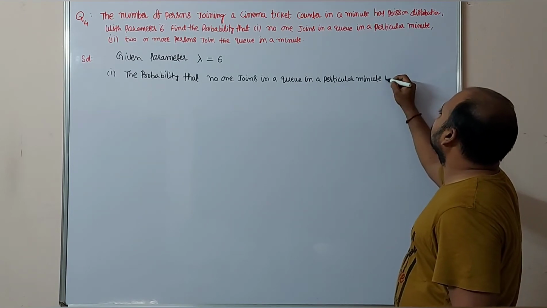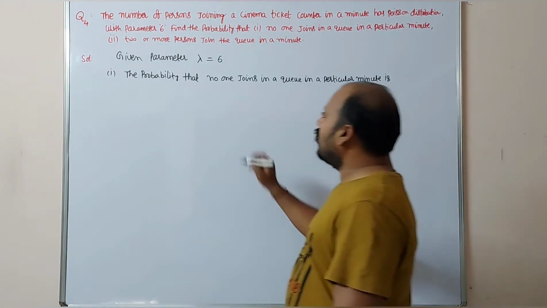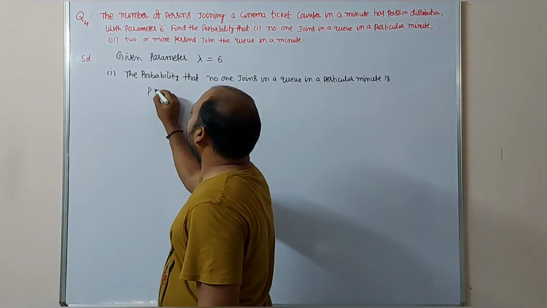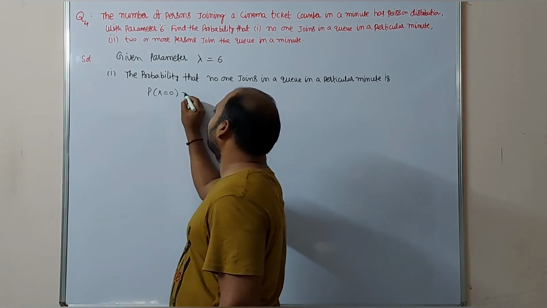No one means 0 persons. P of x is equal to 0.